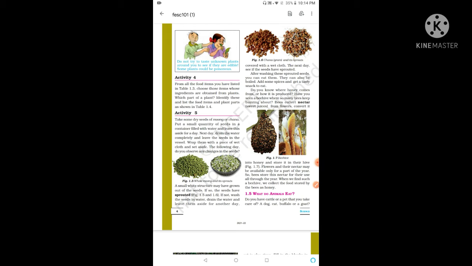right? We can say that they are boiled, right? This becomes boiled. After washing the sprouted seeds, you can eat them. They can also be boiled. See, I told you. Add some spices and get a tasty snack to eat. You can eat, you can boil it or keep this in water for 1 or 2 days, and then you can make a chaat.